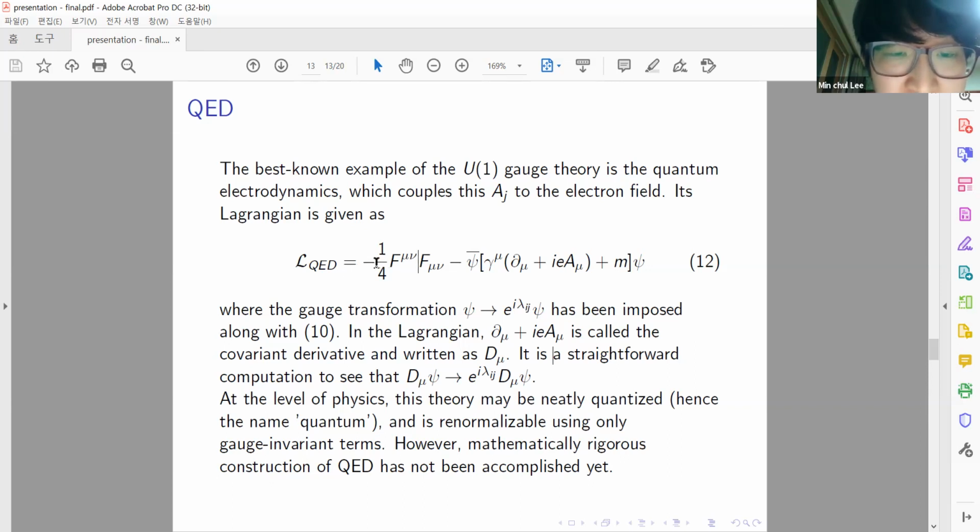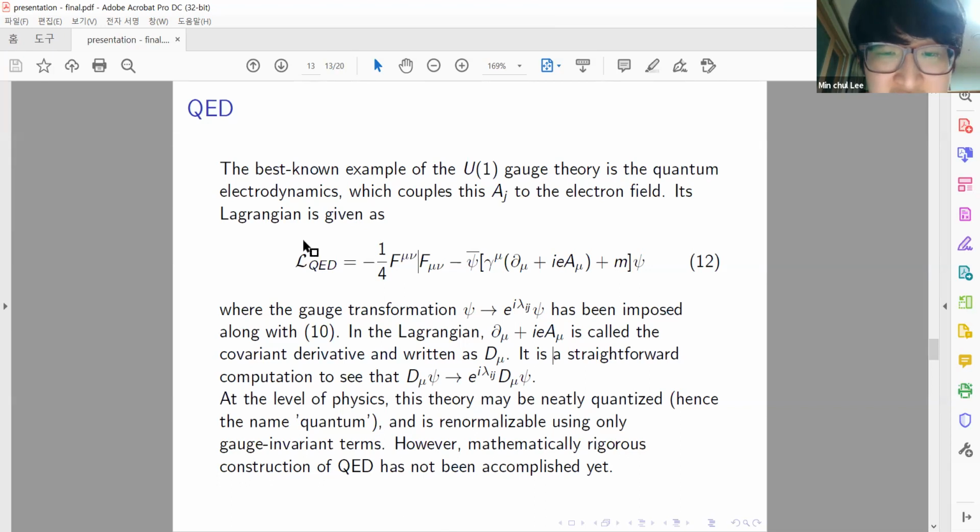And somebody asked about "neatly quantized." It means that at the level of physics, QED can be quantized in canonical quantization, which, after getting rid of the constraints and leaving only independent variables, can be promoted to operators which do not commute, or we can quantize using the path integral at the same level of physics.